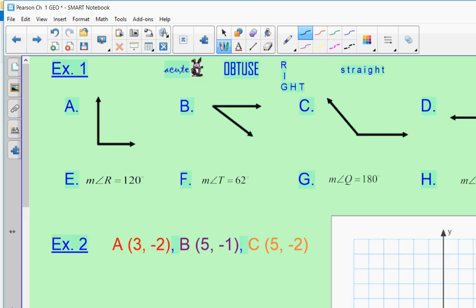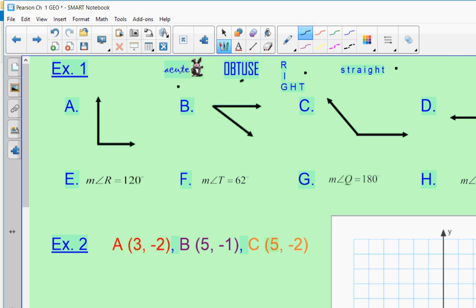Okay. We're going to go ahead and name some of these angles. We got the words up here and above them. I think for you guys on your packets, it's a little bit different. So we got the terms acute, obtuse, right, and straight. We're going to look at A, B, C, and D and hopefully label them.